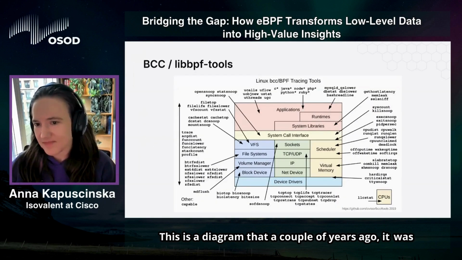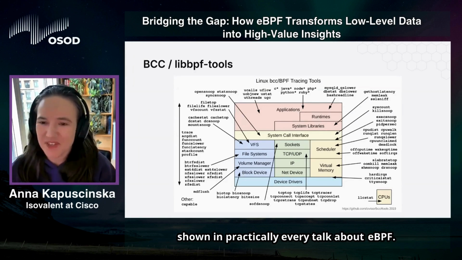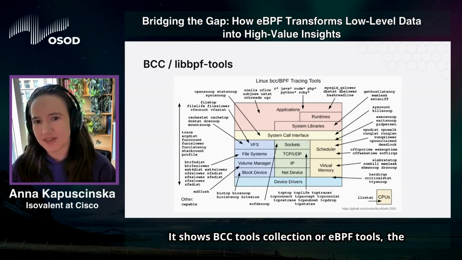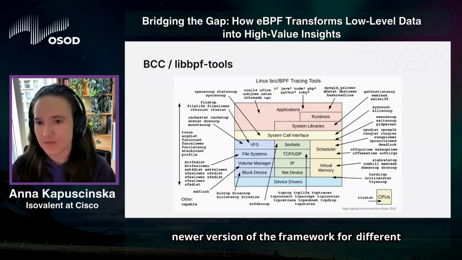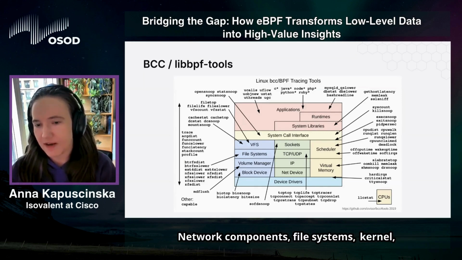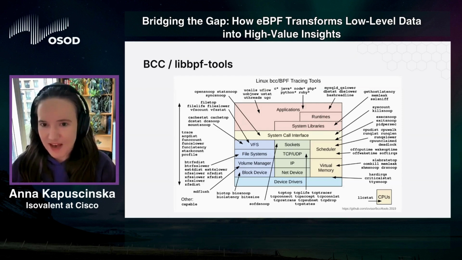This is a diagram that a couple of years ago was shown in practically every talk about eBPF. It shows the BCC tools collection, or eBPF tools, the newer version of the framework, for different components of a system: network components, file systems, kernel, scheduler, memory, application layer, drivers, everything.